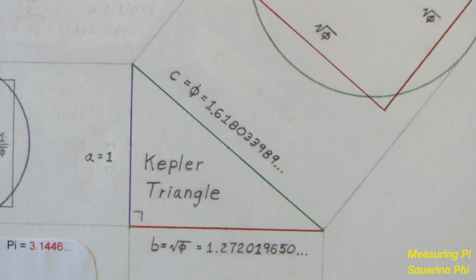The 3 dots after those numbers mean that it goes on forever. That is an irrational number, a number that is not the ratio of 2 integers.